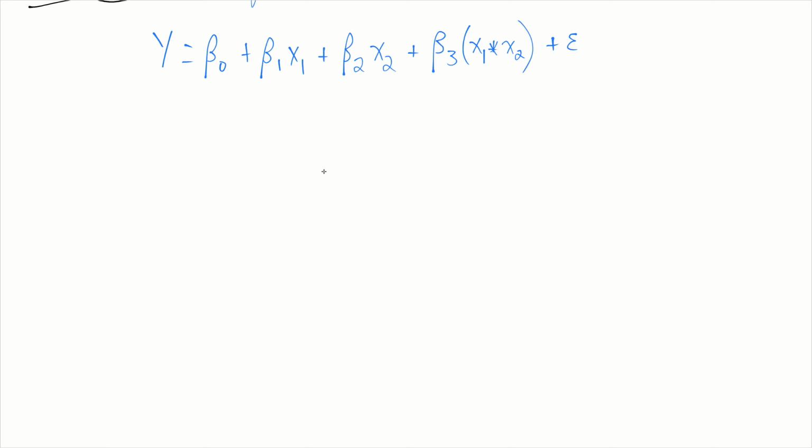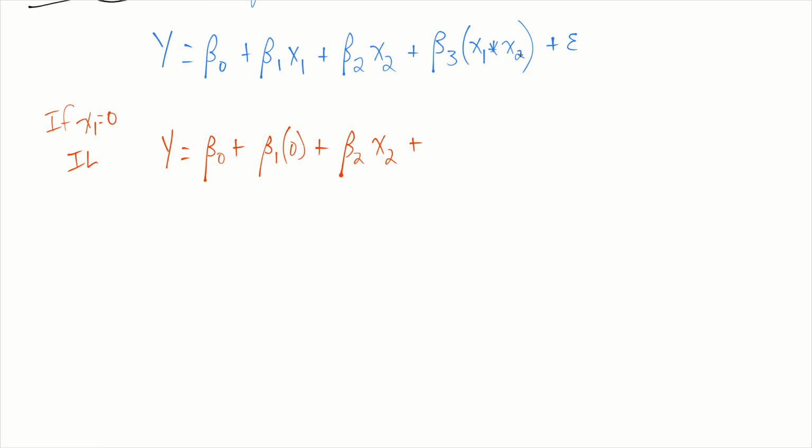So let's say we've got Illinois. If we have the case where x1 equals 0, so we're doing Illinois again, what does this model reduce to? We have beta naught plus beta 1 times 0 plus beta 2 times x2 plus, now here x1 is 0, right?